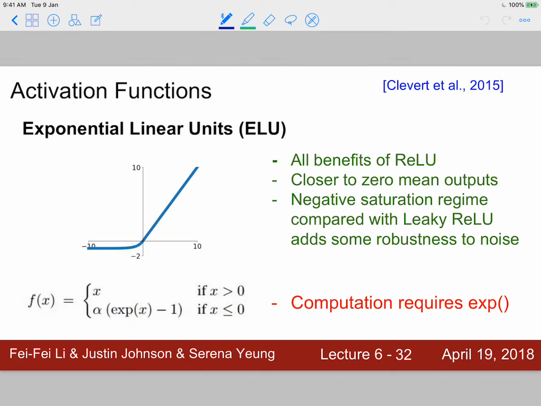And then in the case of exponential linear units, I think I saw a question about this part. So why does it have robustness to noise compared to the leaky ReLU?